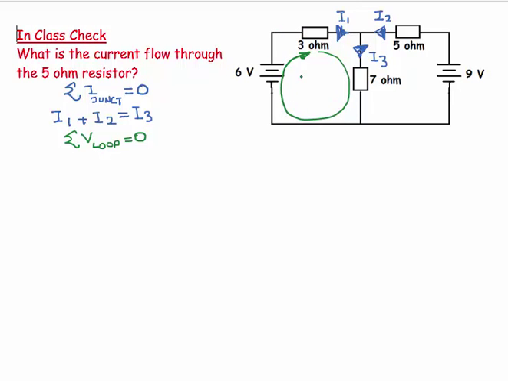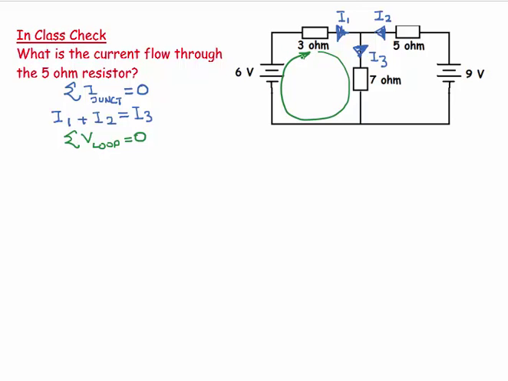I draw it inside the wire, but I'm imagining my point of interest going in the direction of the green arrow, so it comes up and it leaves the power supply via the positive electrode. If the loop leaves a power supply via the positive electrode, that's a positive EMF. And if the loop were to leave the power supply via the negative electrode, that would be a negative EMF.